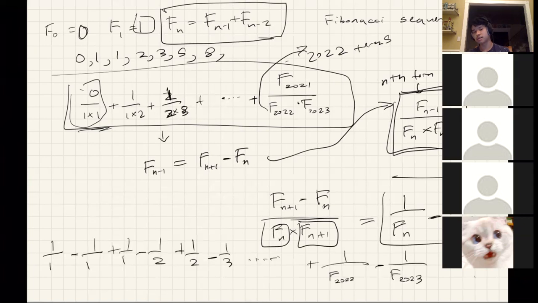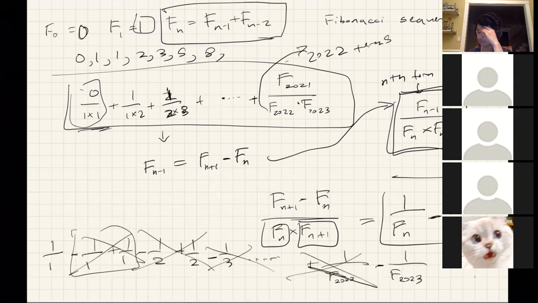Once again, by telescoping sums, the second and third terms cancel, the fourth and fifth terms cancel, all the way up to this term. So what we're left with is 1 over 1, which is 1, minus 1 over the 2023rd Fibonacci number. That is our final answer.